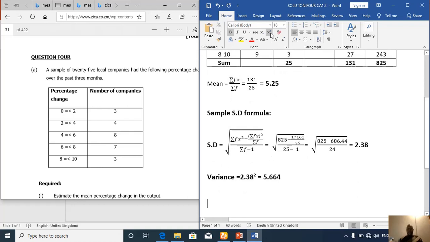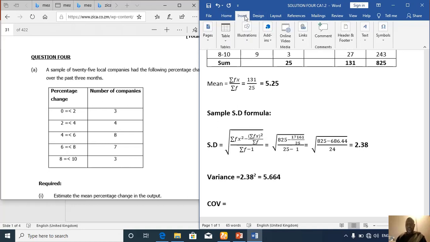At first I mentioned the coefficient of determination. Coefficient of determination is calculated when you're looking at correlations, but when you're looking at the standard deviation in relation to the mean, you calculate the coefficient of variation. So the coefficient of variation, COV, is going to be equal to the standard deviation divided by the mean.